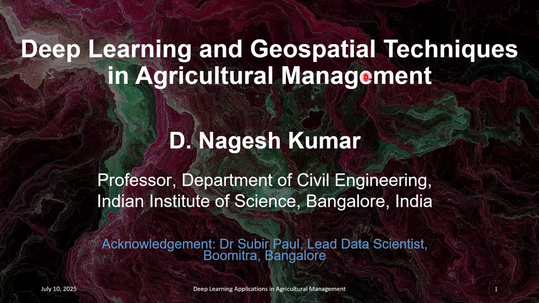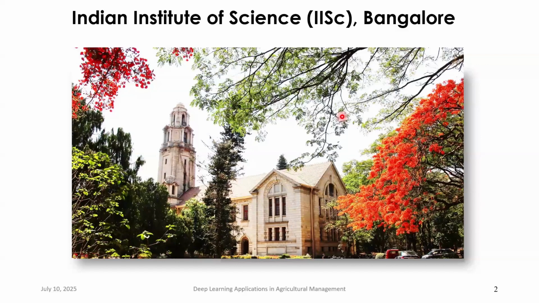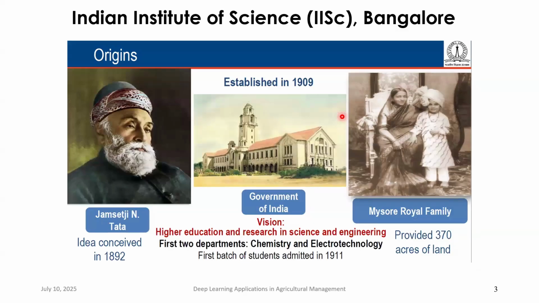So the institute that I come from is called the Indian Institute of Science in Bangalore, India. You're most welcome. It's a very lush green campus, small one when compared to Purdue University campus.